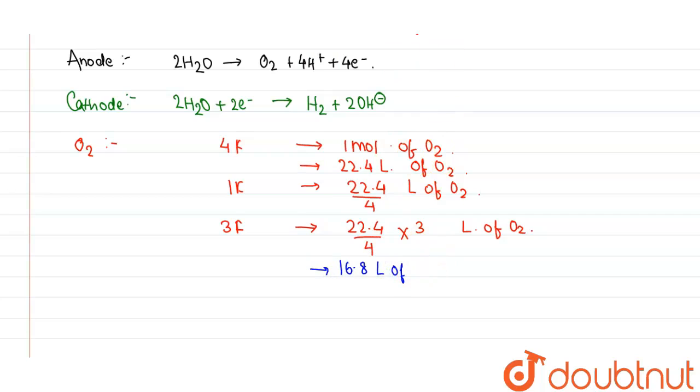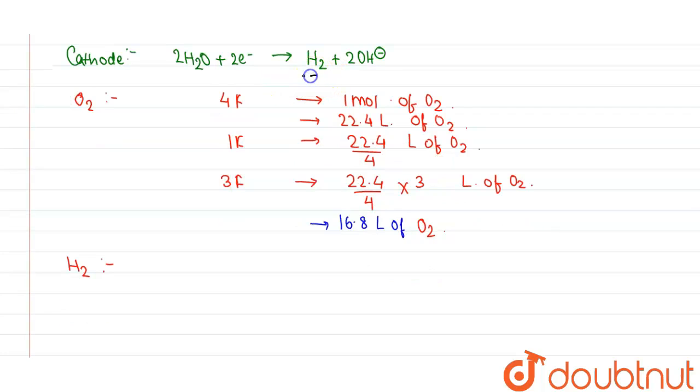Now we will be calculating for hydrogen. For the production of hydrogen, 2 electrons are needed, means 2 Faradays of electricity. So 2 Faradays of electricity will be required for production of 1 mole of hydrogen, so it means 22.4 liters of hydrogen.